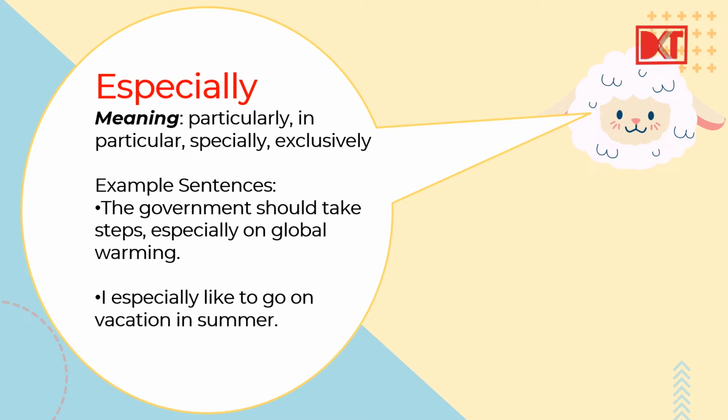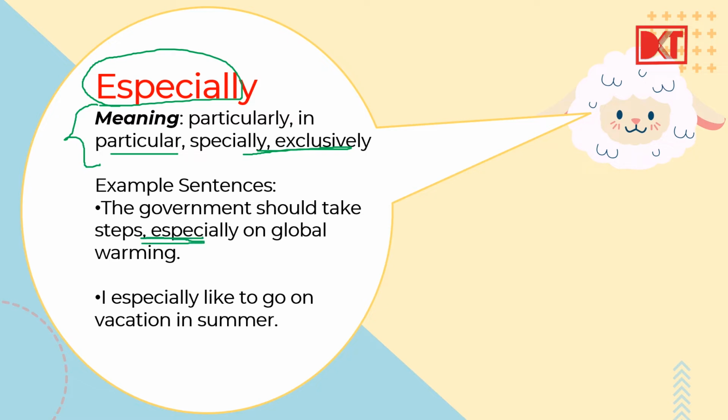Here we have the word specially. Specially means particularly, something which is in particular, exclusively. Let me give you an example. The government should take steps specially for global warming.